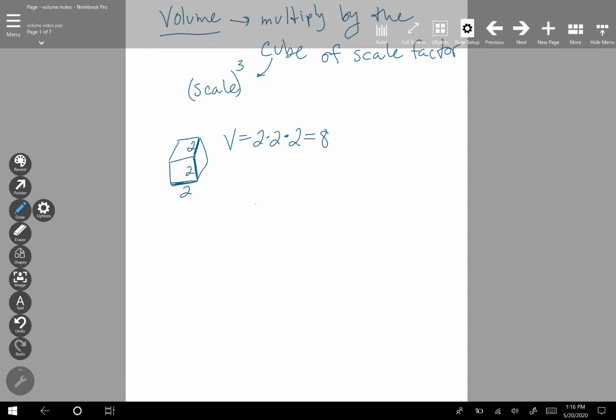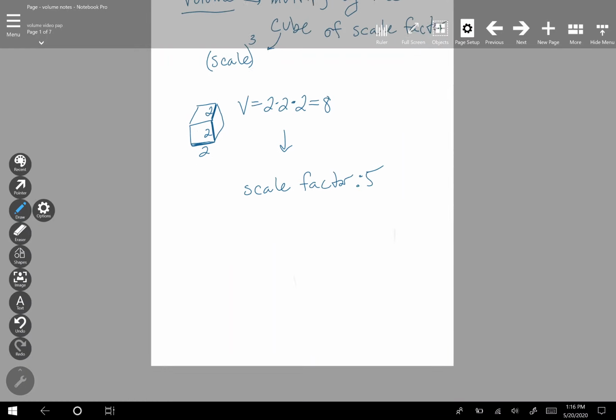Now let's say my scale factor again is 5. Alright? For this cube, my dimensions are going to be 5 times as big because the scale factor is changing each individual dimension. So for volume, the length, width, and height. Okay?